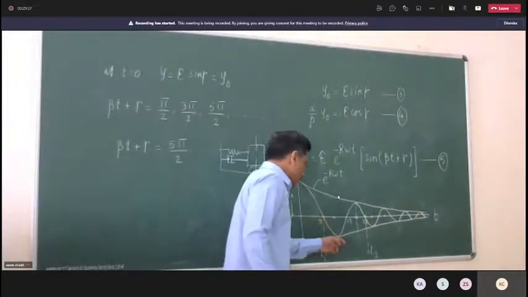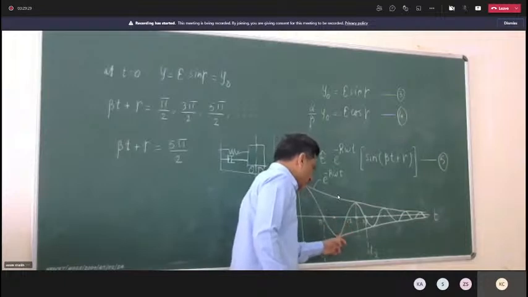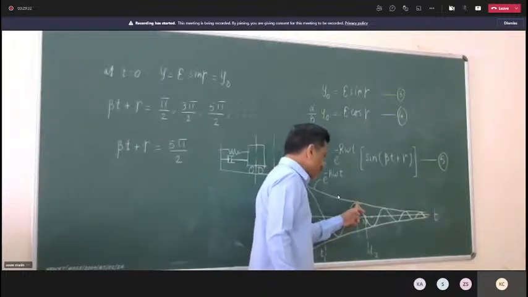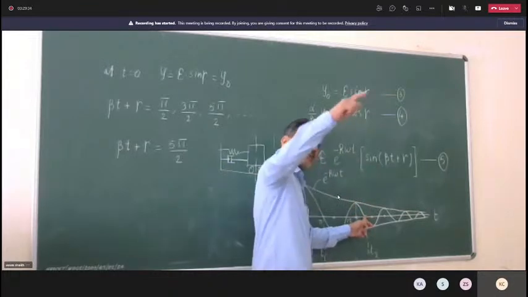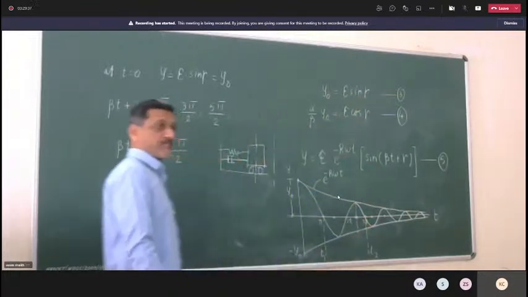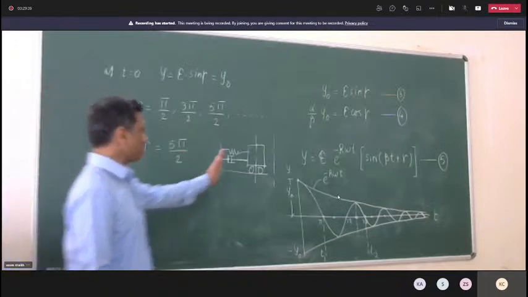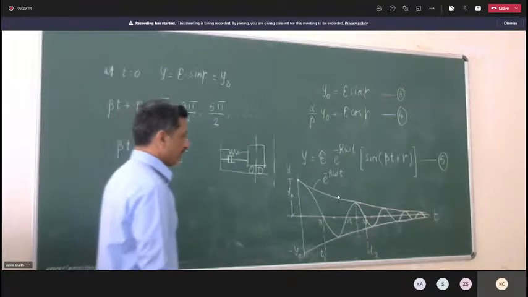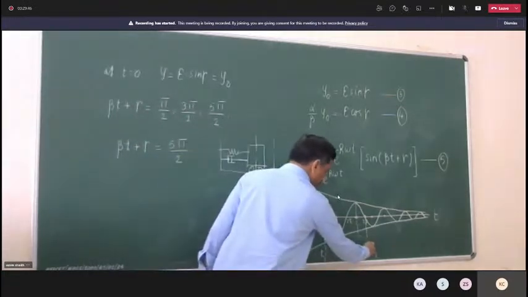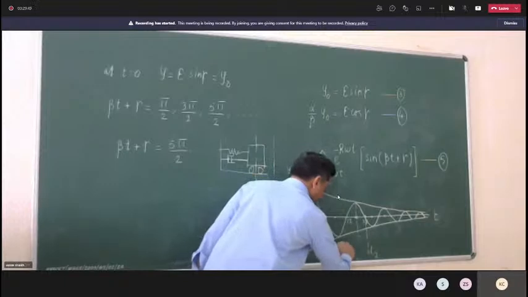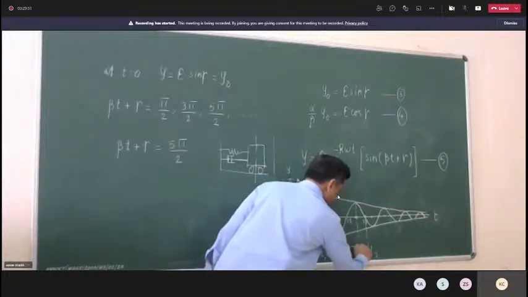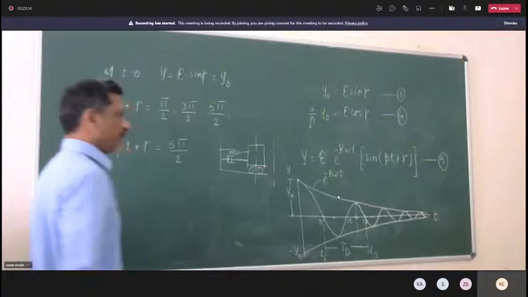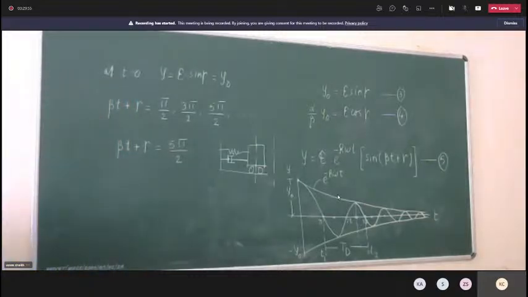Coming from the neutral position, going to the negative extreme, then going to the positive extreme and coming back to the neutral position will be one complete cycle. For one cycle, it has to pass through the neutral position twice. Right? And now T2 minus T1 is, I can say, the damped period of vibration, TD. Agree? Okay. And now I think we are in a position to work out.